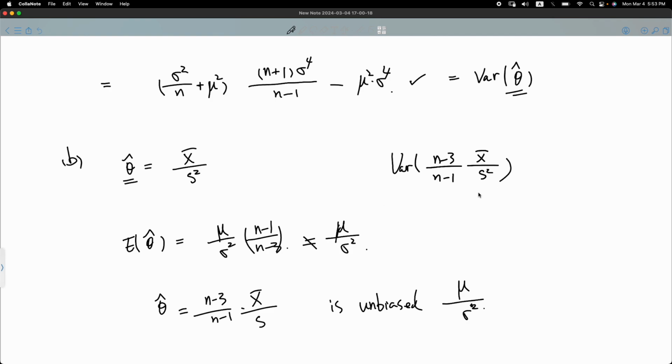So this is a constant, and then you just need to evaluate that. Again, you need to use independence so that you can reduce the variance. First, you reduce the variance in terms of expectations, and then you can further write it as something like x bar multiplied by the expectation of s squared raised to the power of -1.